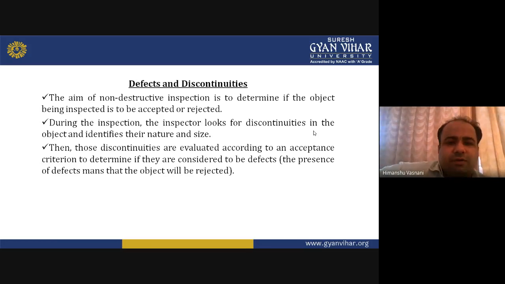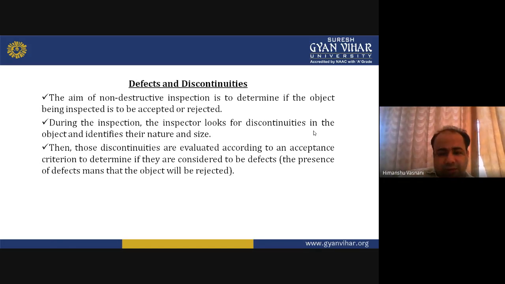Defects and discontinuities. The aim of non-destructive inspection is to determine whether the object being inspected is to be accepted or rejected. I have discussed in an earlier lecture that the major aim of our NDT is to determine, if any flaw is there, whether that flaw should be accepted or rejected.